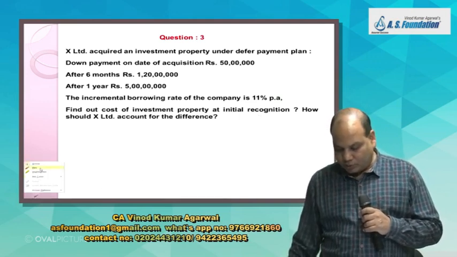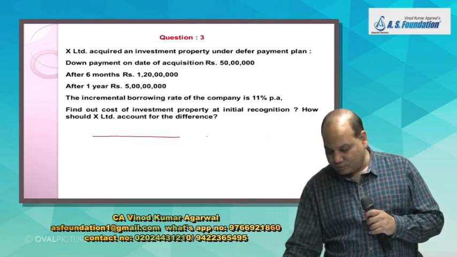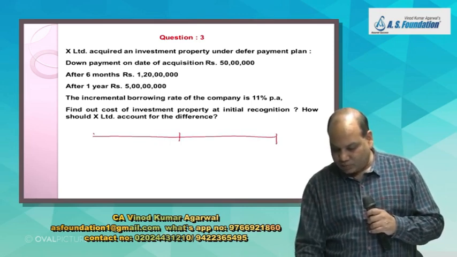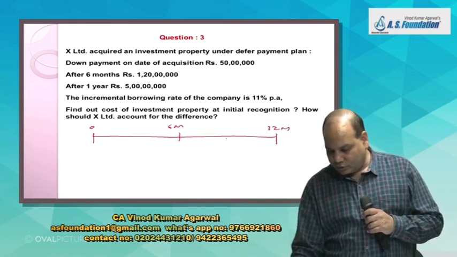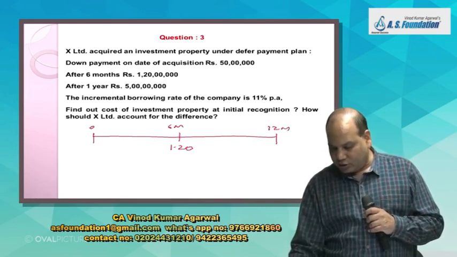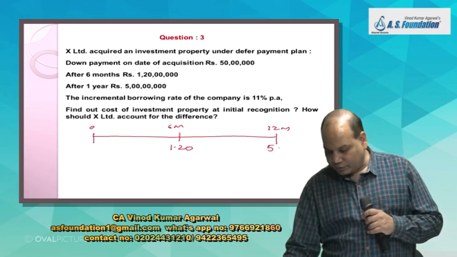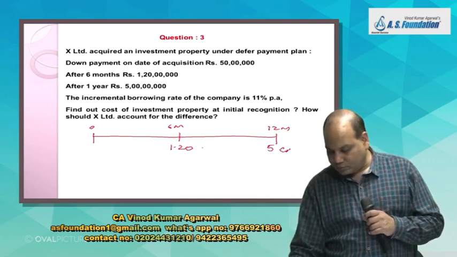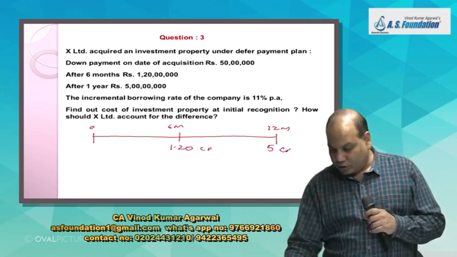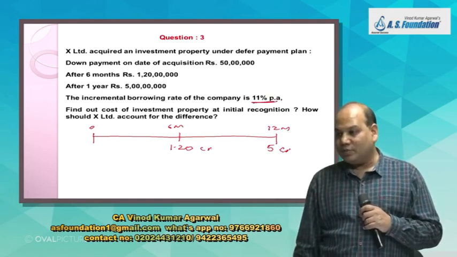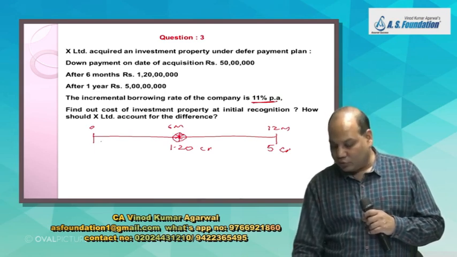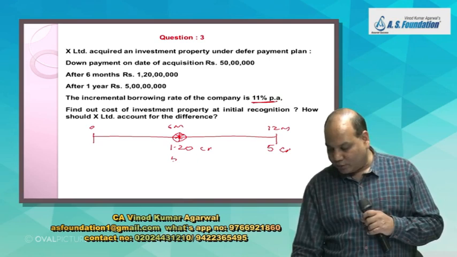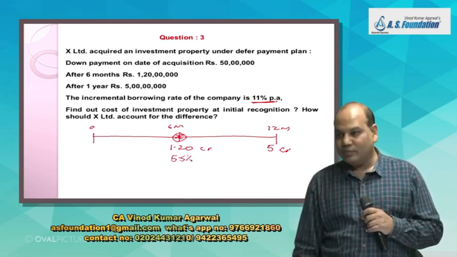Now, in this question, the payments are made half yearly. The installments are paid half yearly. You are paying 1.20 here, 5 crore here. The interest rate is 11% per annum. This is one period away from today. So will you apply 11% or 5.5% for this?